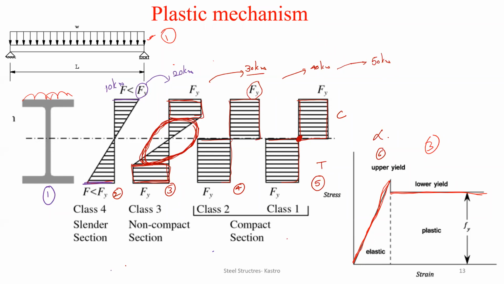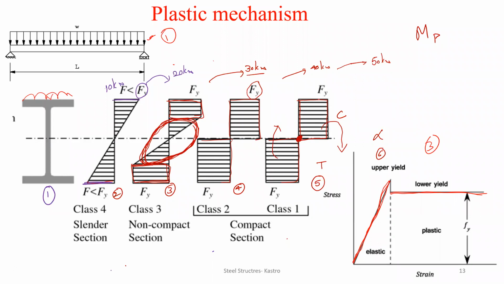Now you have another one which is called plastic moment, or MP. P represents plastic and M represents moment. Now, what happens in the plastic moment is, just before the failure of the section, the portion in the compression zone and the portion in the tension zone will reverse their positions.